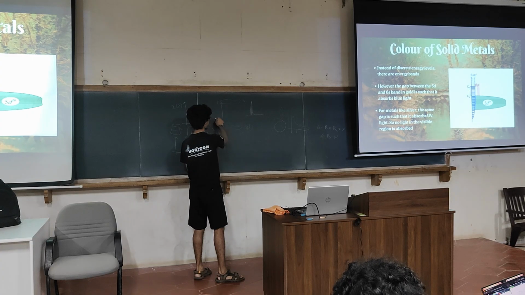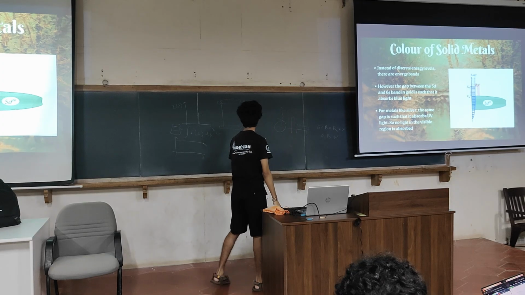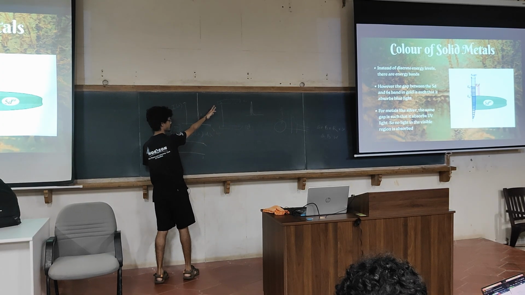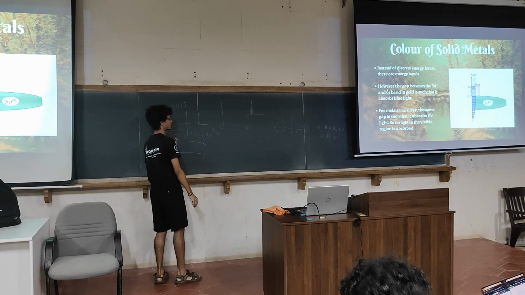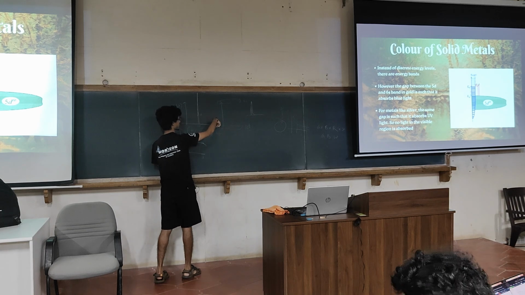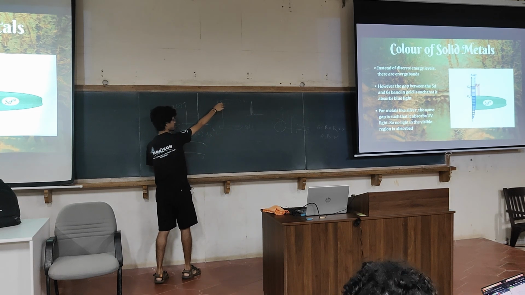In this case, the energy difference between these two bands corresponds to blue light. And if you shine, let's say, white light on this, which is composed of a uniform amount of all the different wavelengths, then because of this energy difference between the bands, it will absorb the blue light.